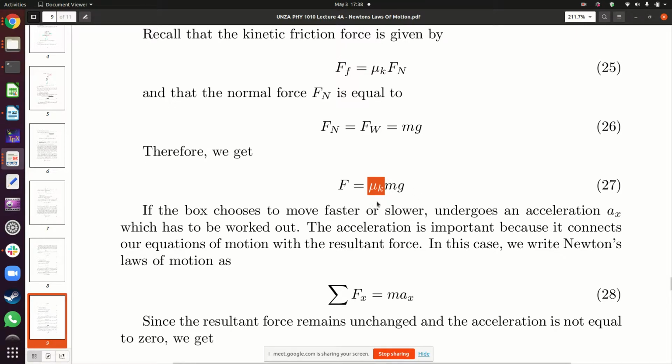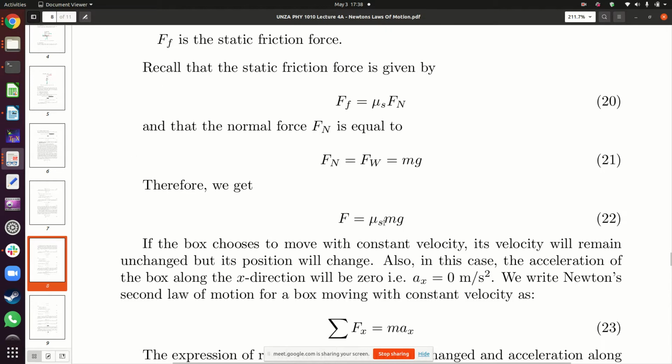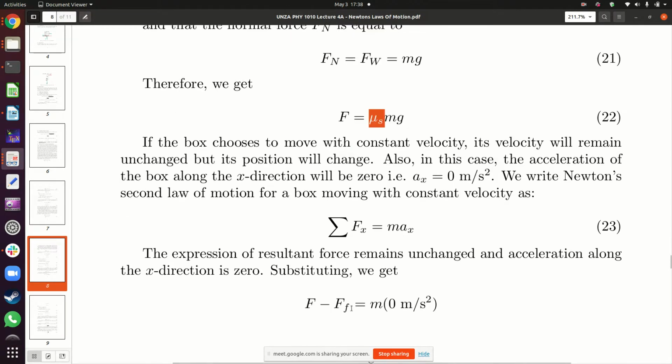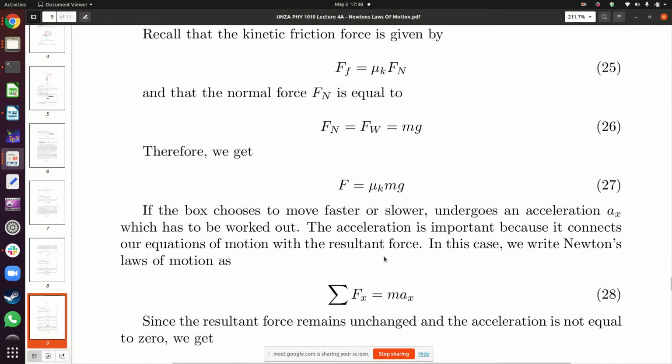So, the fact that the coefficient of static friction is always greater than the coefficient of kinetic friction explains why, when you're trying to push an object which is stationary, it is much more difficult than pushing something which is moving.